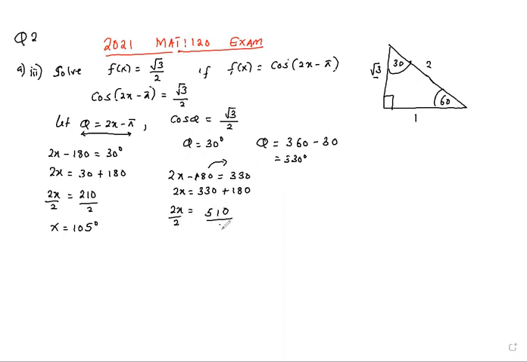Divide by 2, so x is equal to 255. So these are the two values of x that we are putting in our solutions. So you don't use 2x minus pi as it is; you first use it in that form.